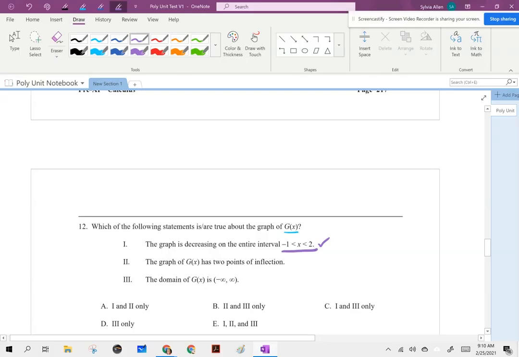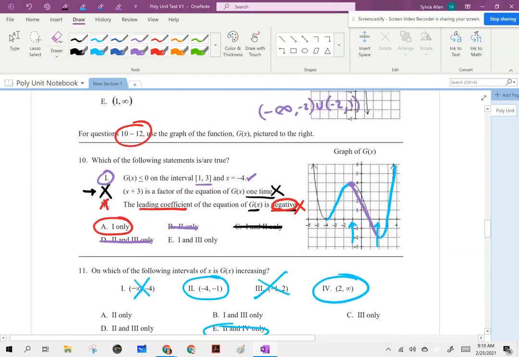That's true. The graph of g of x has 2 points of inflection. So now we need to go back over here and remember where the inflection points are. Inflection points are where there's a 0 with multiplicity of 3. So that's not the case. The inflection point is going to be between a max and min, the midpoint. So there's one inflection point.